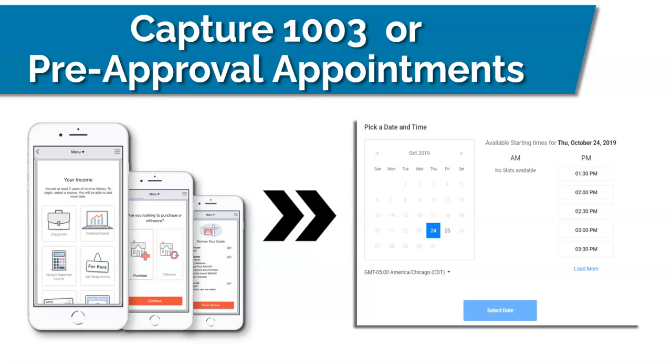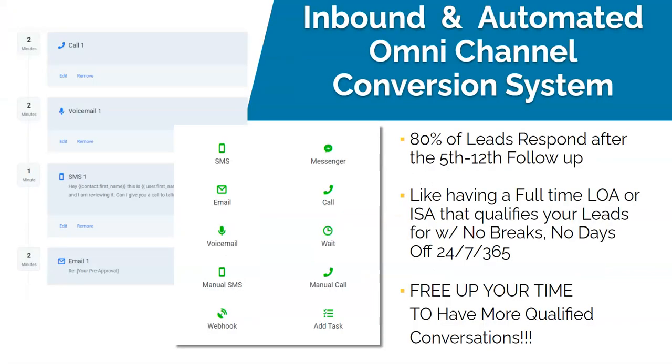Now, either they do the online application, they book their pre-approval appointment, or if they're not going to do that, they just go into a regular follow-up flow. And here's the cool thing that we have the ability to do right now: text message, email, ringless voicemail, Facebook Messenger.